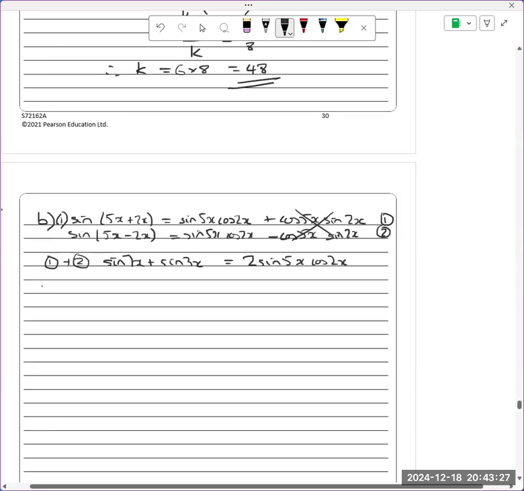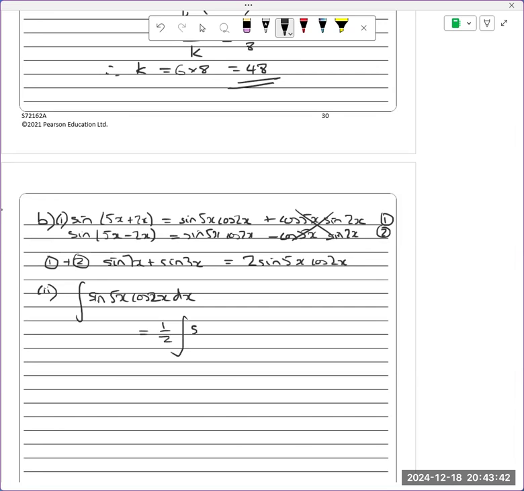And then for part 2, we want to integrate sine 5x cos 2x. Well, that is half of this thing, isn't it? So that is half of the integral of sine 7x plus sine 3x dx.